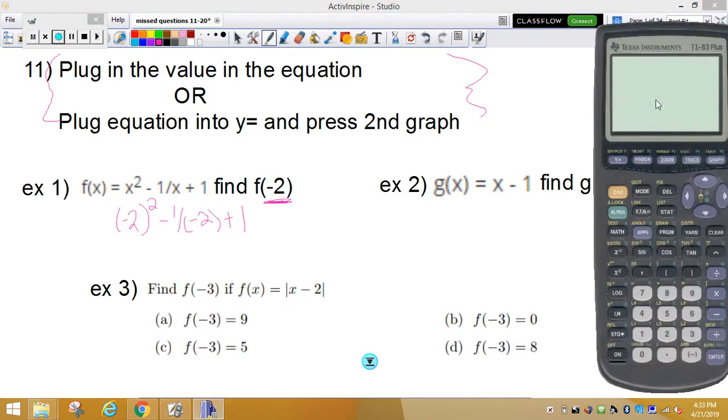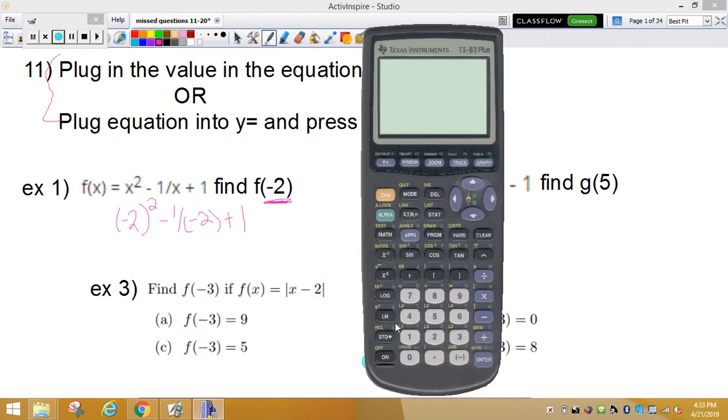So let's do real quick what it would look like if you typed it in. So it would be (-2) squared minus 1 divided by (-2) plus 1. And you should get 5.5. Now, let me show you how to do it in your calculator. You press y equals, and we're just going to type this in.